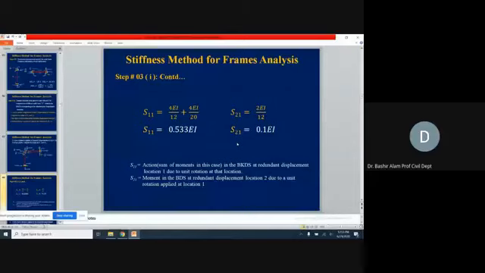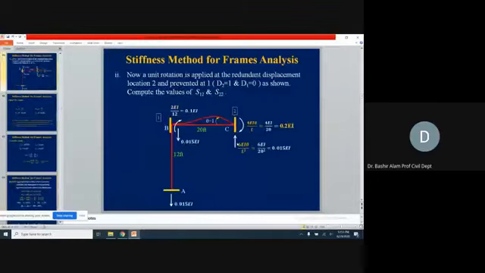Coming now to the application of theta equal to 1 at the D2 location. Here that is applied theta equal to 1. This is 4EI over L, 2EI over L, and this is the balancing moment and it is traveling down to this support. Here we don't have anything, so this horizontal reaction here is going to be 0.